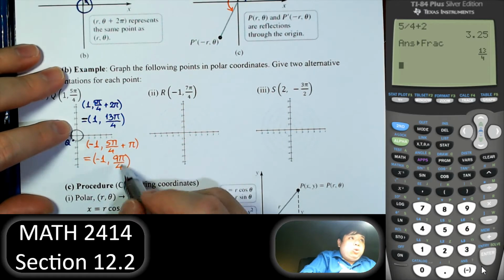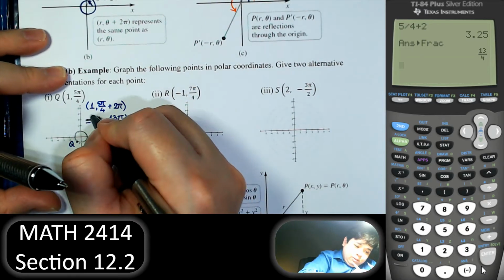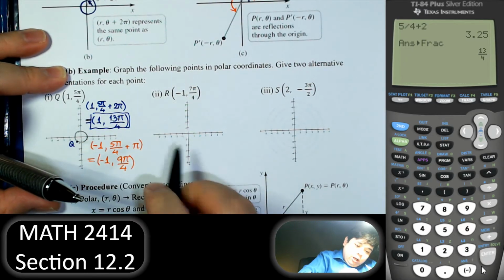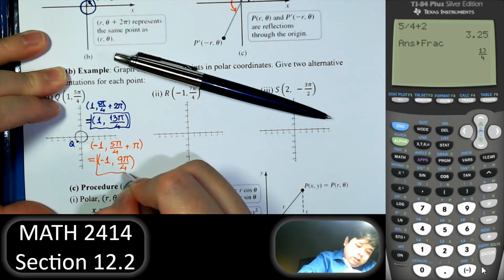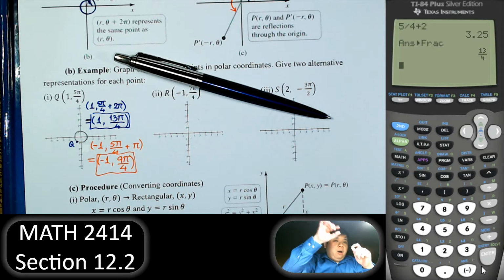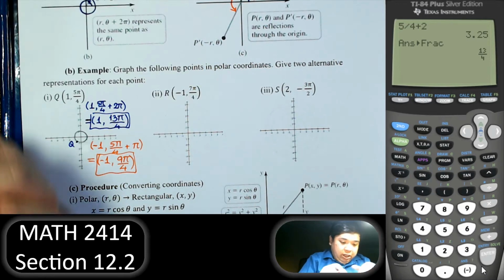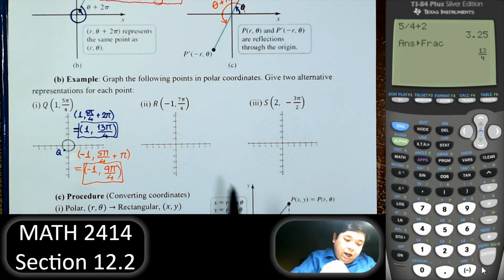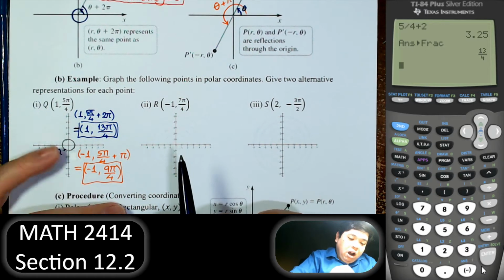So these two representations represent the same point as that. If you add 2 pi, you get back to the same thing. Add a pi, go to the opposite direction, and then we turn the r to the opposite, and that will be the case. Next, negative 1 and 7 pi over 4.